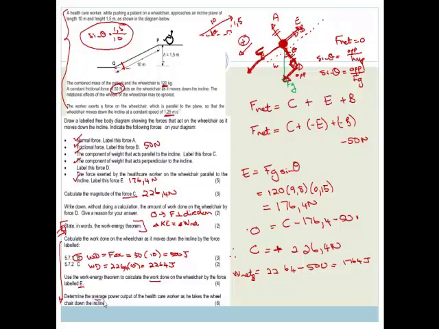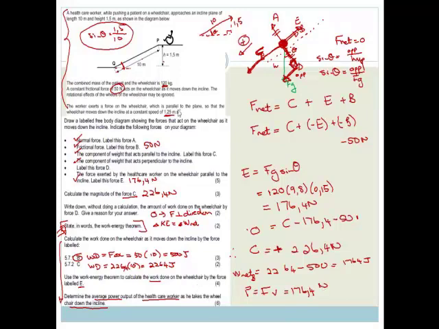Then it says determine the average power output of the healthcare worker as he takes the wheelchair down the incline. Now if you look at your formula sheets, you can see that power is equal to force times velocity. We have the force applied by the healthcare worker, which is basically going to be 176.4 newtons.